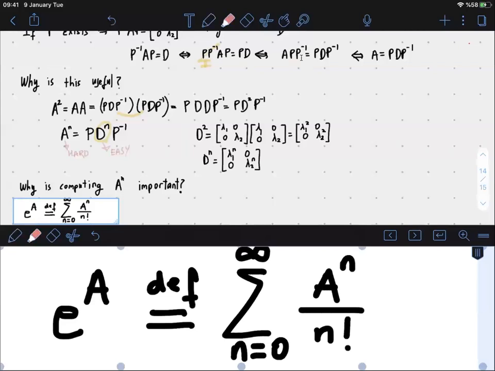Now this is where a to the power n comes in. So you can compute not just e to the power a, but any function of a matrix. You can define functions of matrices, which are very handy and very useful. So this is one place where a to the n is showing up.